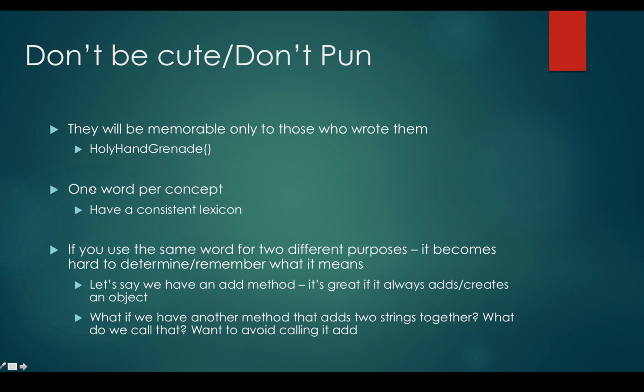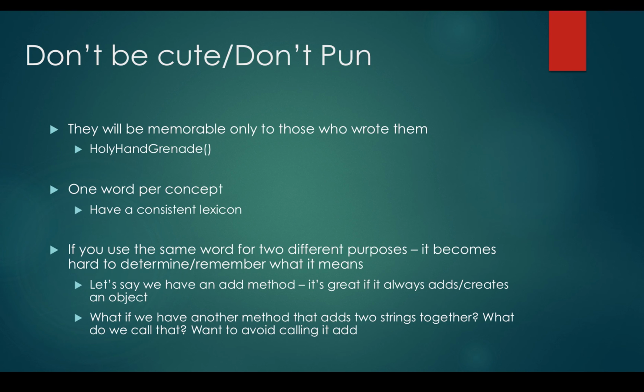Be consistent, one word per concept. Have a consistent lexicon, and try to avoid having the same word for two different purposes, because then it gets harder to determine what that function is going to do. We have to understand everything about the system, and maybe we don't have time.